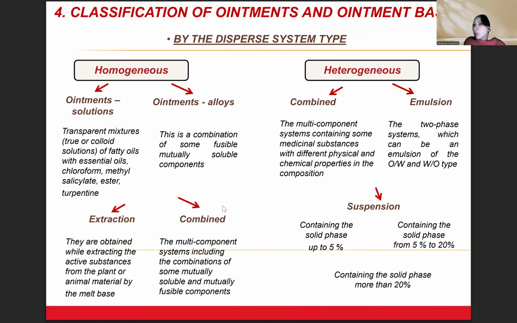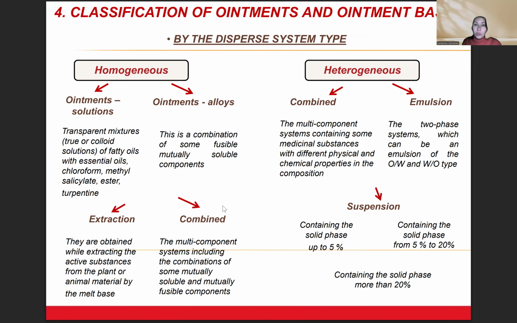Combined, this is when you, for example, have substances that are dry but soluble in this composition, and also something that forms alloy. Heterogeneous, suspension ointments, when we have substances not soluble in anything. Emulsion, then we have substances soluble in water, but you need to put them into Vaseline, for example. And combined, this is vast majority of extemporaneous ointments, when you have both solution, emulsion, and suspension all together at once.